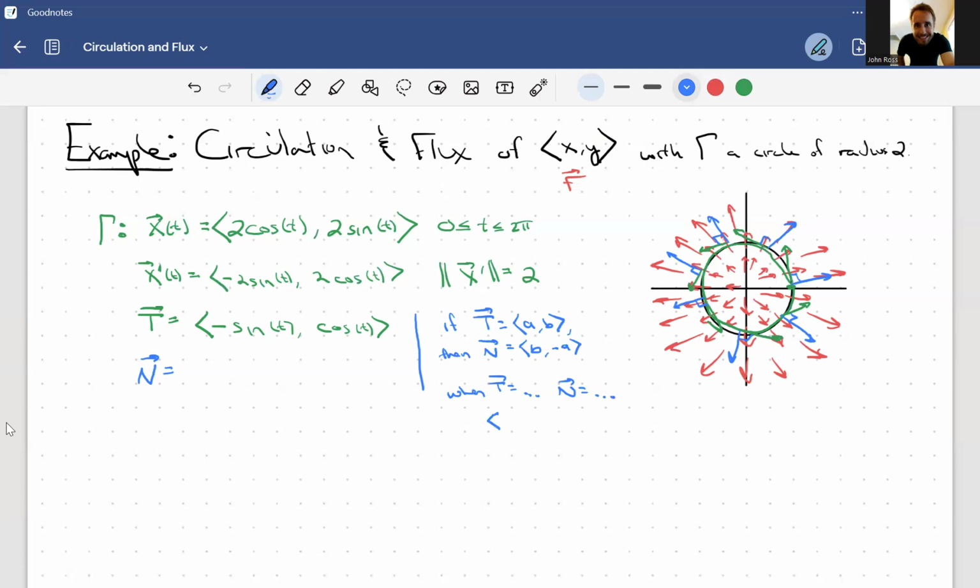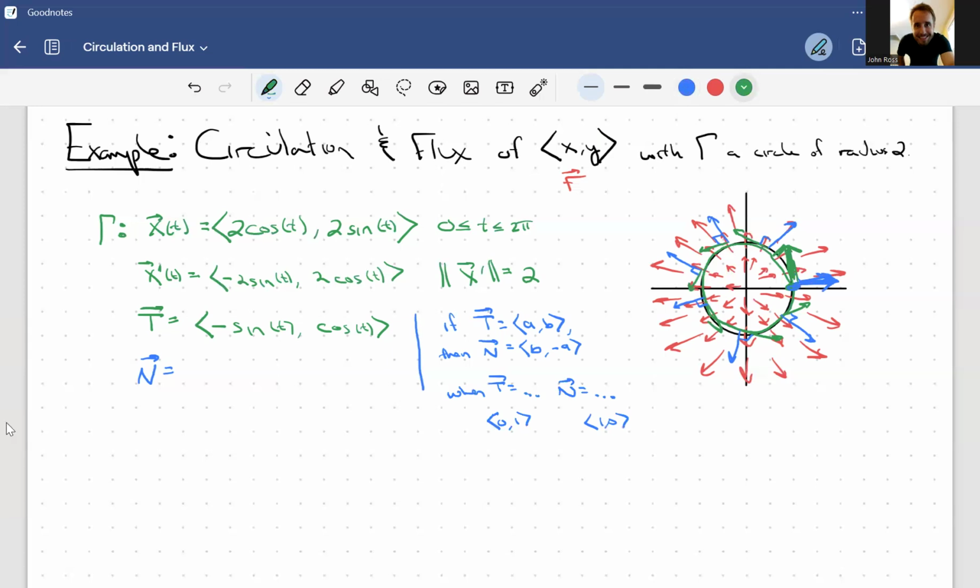When our unit tangent vector is the vector 0, 1, as it is in this very first case right here, so that vector pointing straight up, then n is the vector 1, 0. And we see indeed that that would be the case here, sort of pointing straight out like that.